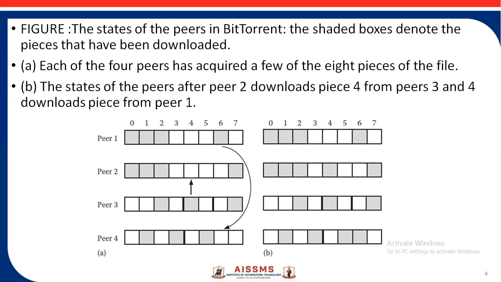In figure A, on the left side, each of four peers has acquired a few of the 8 pieces of the file. Figure B shows the state of peers after peer 2 downloads pieces from peer 3, and peer 4 downloads pieces from peer 1. So you can see the different peers have downloaded these pieces from each other.